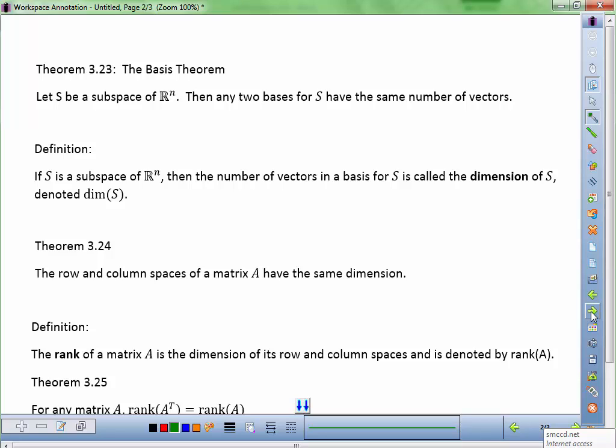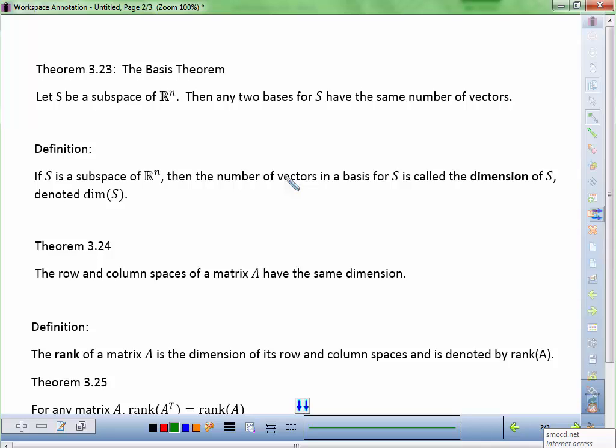The dimension of a subspace is going to be the number of linearly independent vectors. A basis is understood to be linearly independent. So instead of saying basis, you can say the number of linearly independent vectors that span your subspace is going to be your dimension, which we've already been using that idea.